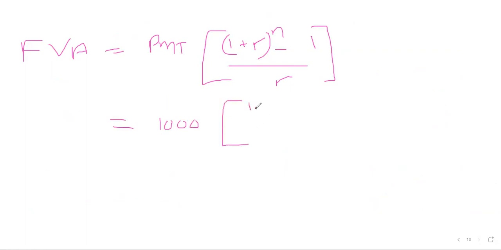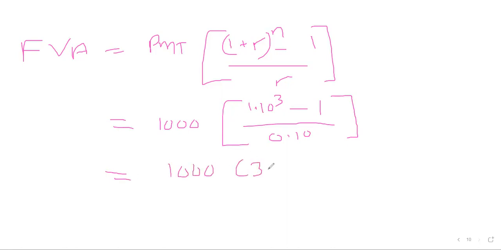Then the interest rate is 10%. N is the period, which is 3 years. The interest is simply 10%. When you compute that, you get 3.31. So our future value annuity is therefore going to be 3,310. So we can use even our computation.